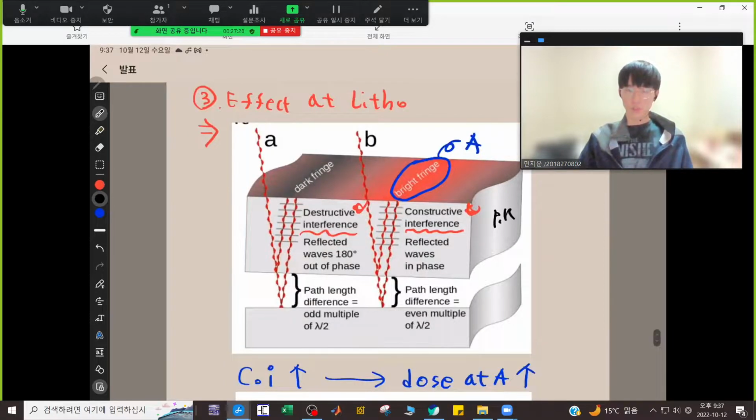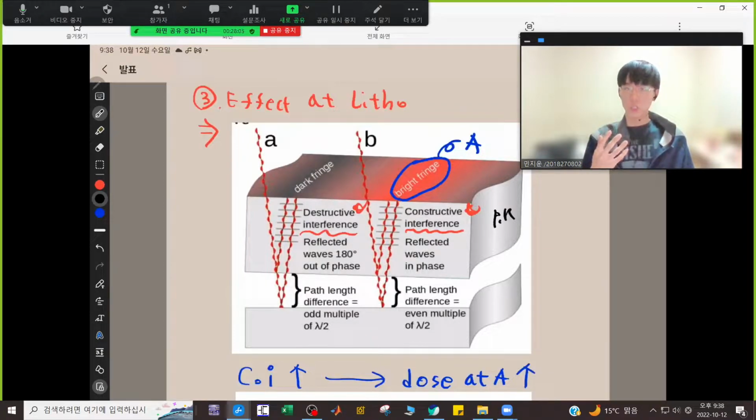If you see this picture, if the exposed light and these two reflected lights have the same phase, then these three waves can produce constructive interference at region A. If the constructive interference is high, then the dose at region A is also high.